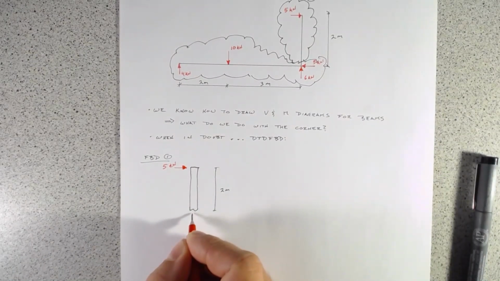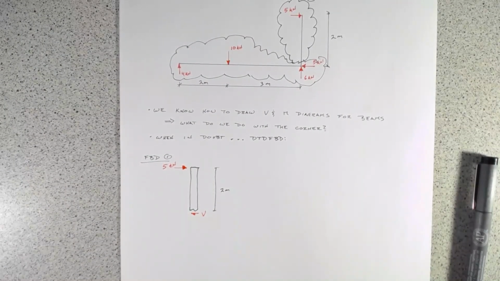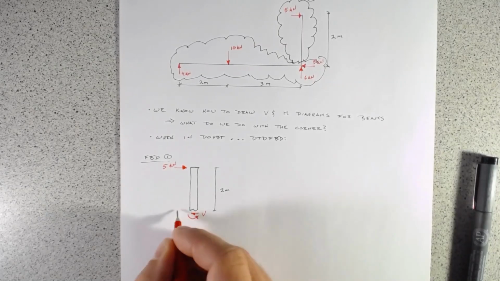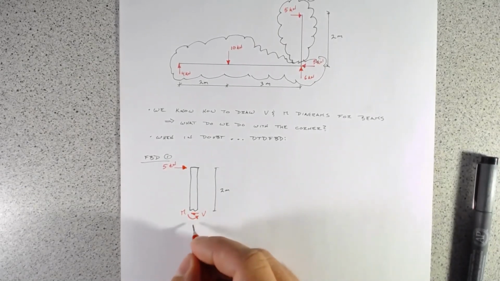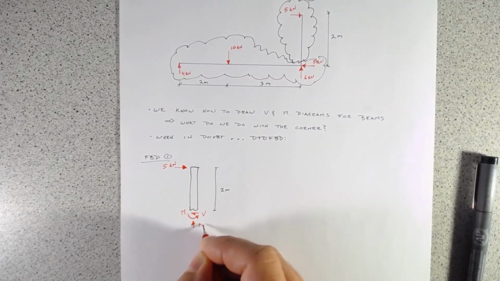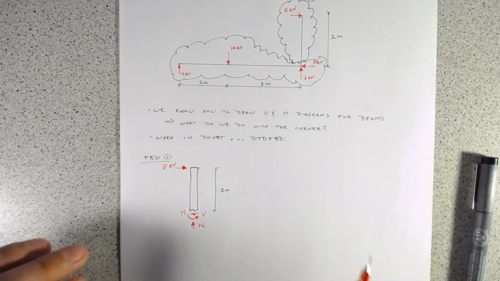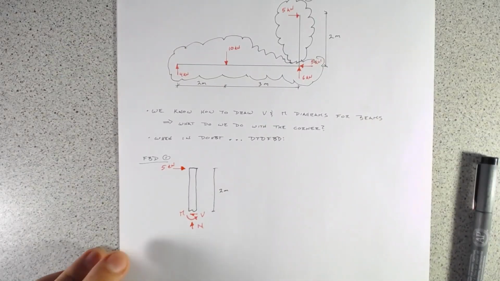So drawing what those internal forces are, we would have a shear force, V. We'll have a bending moment, M, and we might have an axial force, N. So these are all the potential forces that we can have, and for those, we now need to solve and find out, do they all exist, and if they do exist, what their magnitude is.